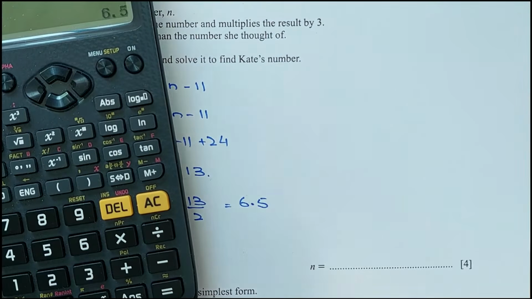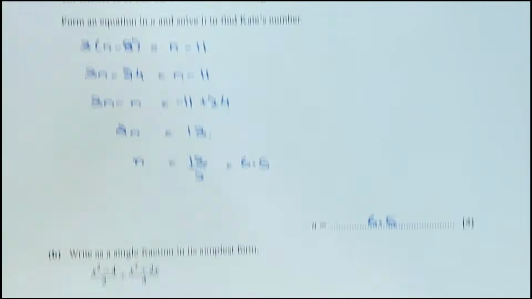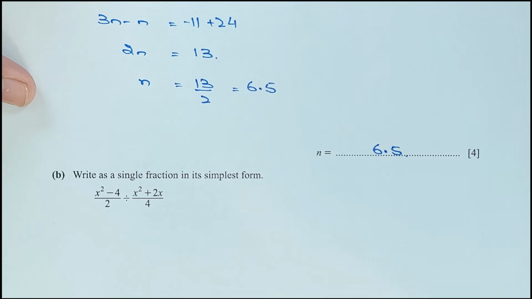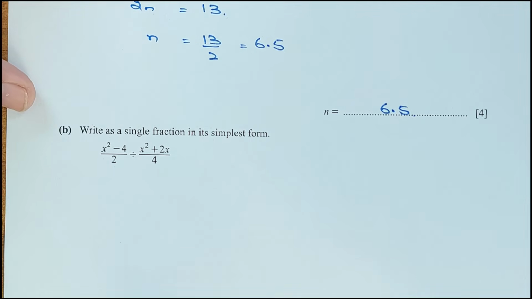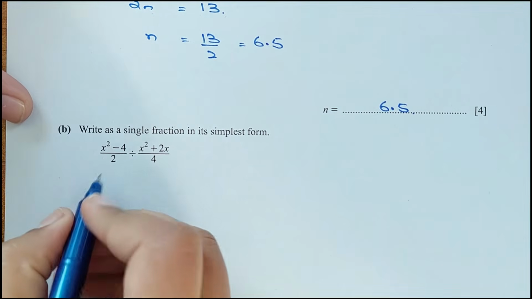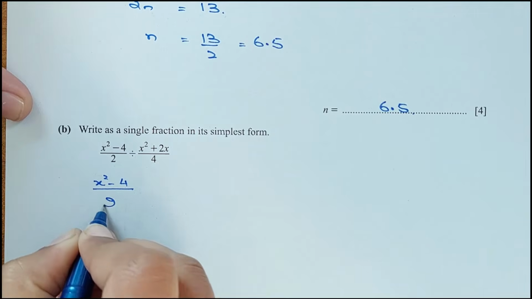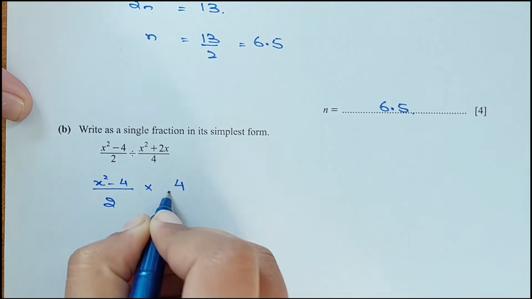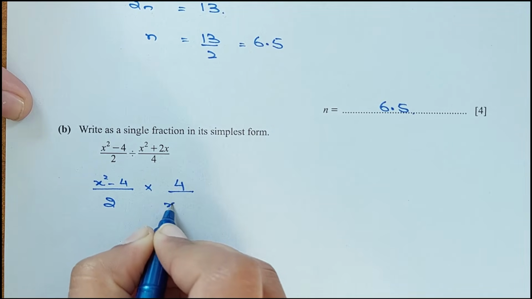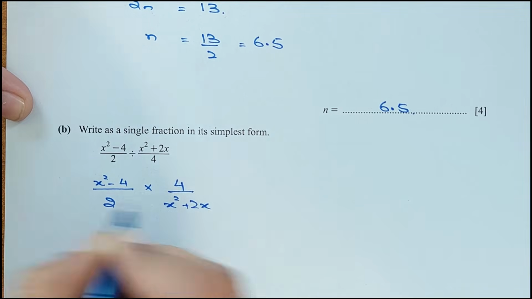So let me write this down. n is 6.5. Now for part B, write as a single fraction in its simplest form. Okay. So this is x squared minus 4 over 2, times the reciprocal, 4 over x squared plus 2x.